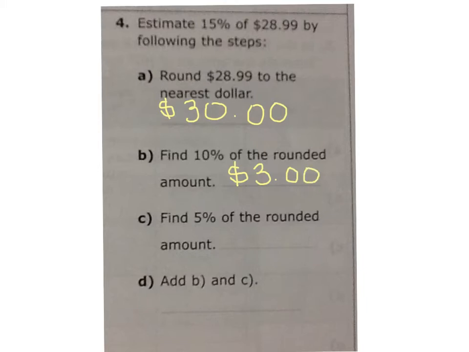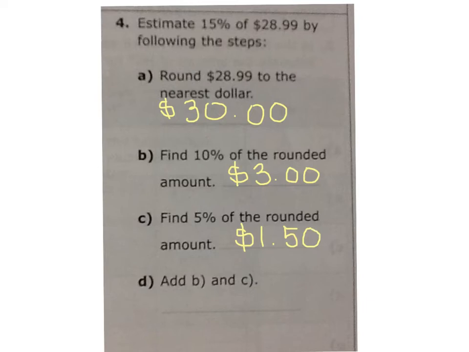The next step is not as difficult because now you already have $3, which you know is 10%. 5% is half of 10%. So 5% of my $30 would not be 3, but actually half of 3, which is $1.50.